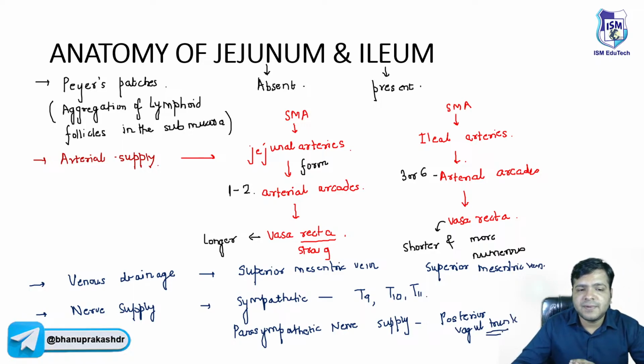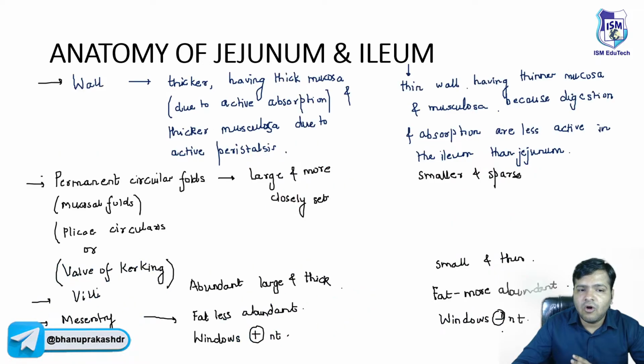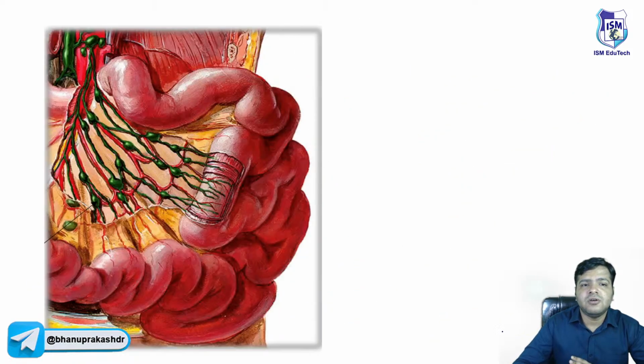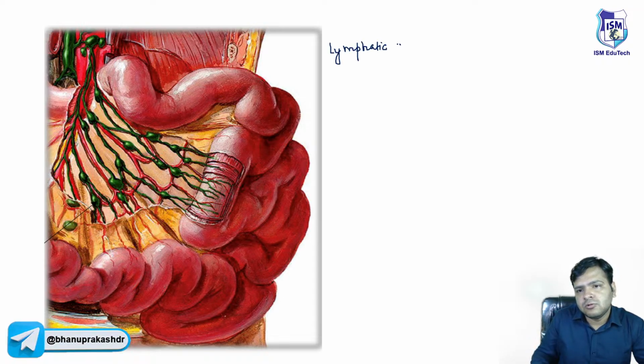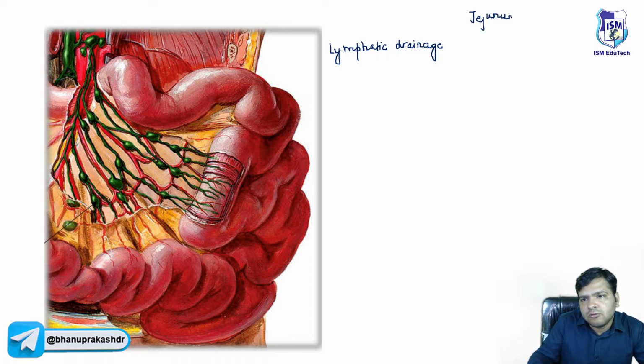So nerve supply, venous supply, arterial supply, all the other differences are done. Now coming on to the last one, that is the lymphatic drainage. We already know we have the jejunum and the ileum.